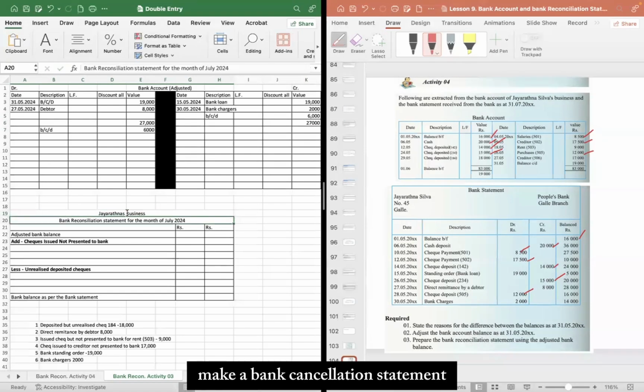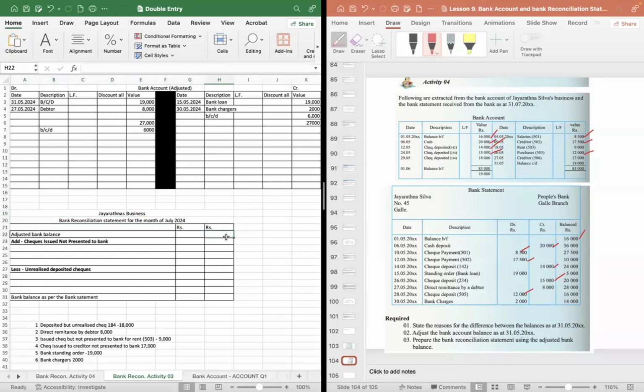මේකේ bank reconciliation statement එක හදන්නයි තියෙන්නේ. එතකොට ඒක හදන්න අපි මොකද්ද කරන්න ඕනේ? අපි මේ adjusted account balance එකෙන් තමයි පටන් ගන්නෙ. අපි 6,000 වලින් පටන් ගන්නවා.